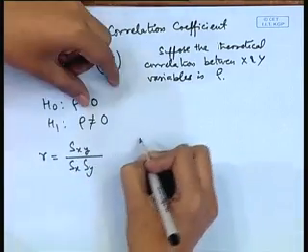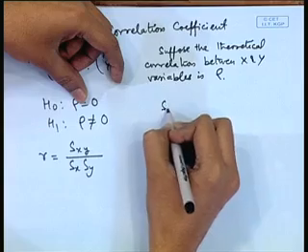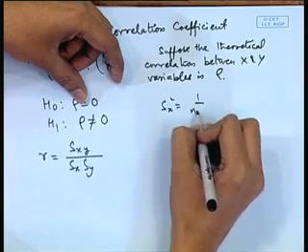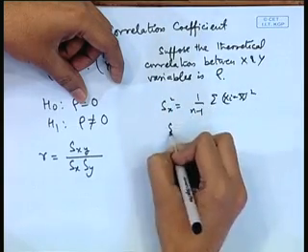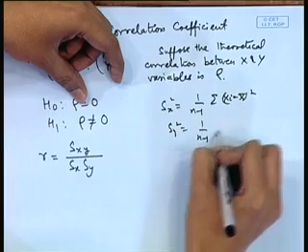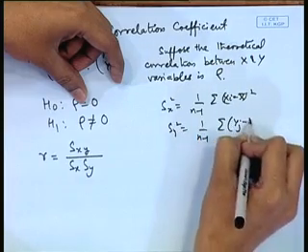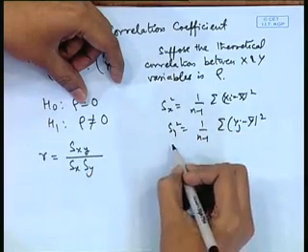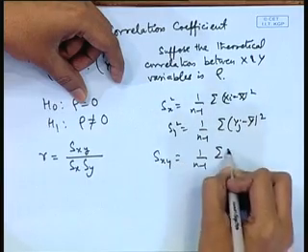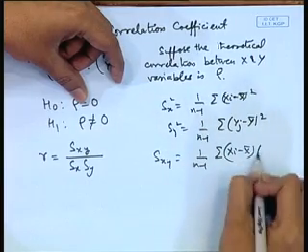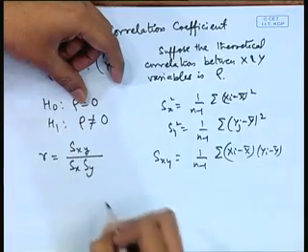Sx Sy, where Sx square is 1 by n minus 1 sigma (xi minus x bar) whole square, Sy square is 1 by n minus 1 sigma (yi minus y bar) whole square, and Sxy is equal to 1 by n minus 1 sigma (xi minus x bar) into (yi minus y bar).